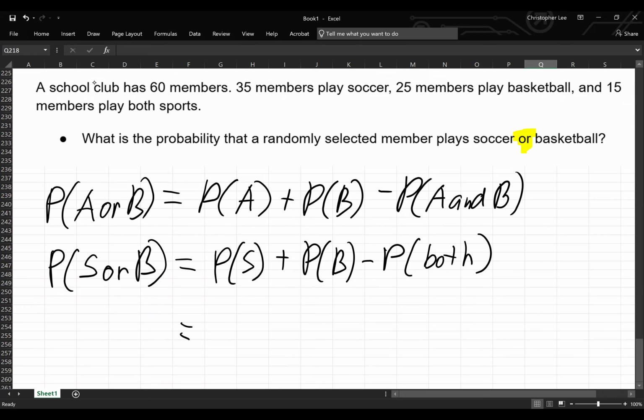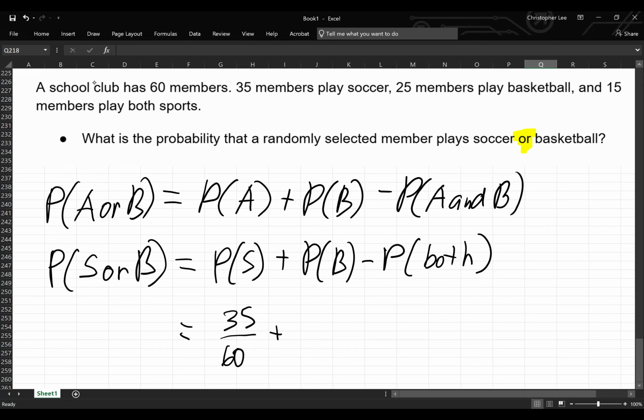So what's the probability of soccer? 25? No, wait, 35. So the probability of soccer is 35 over, so 30 plus 15 equals 35. Now, what's the probability of basketball?